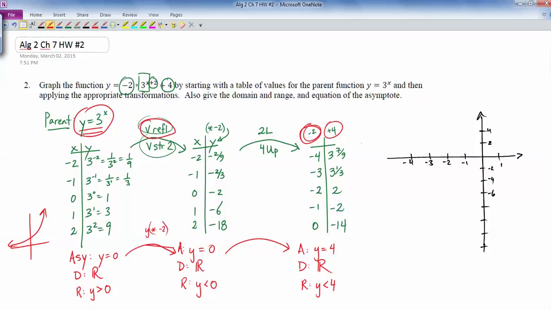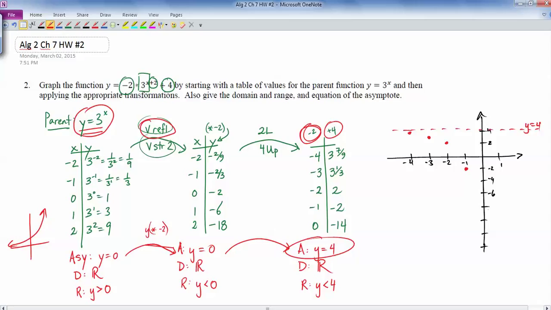Okay, so my first point is -4 and then almost 4. Oh, actually, let me do the asymptote first. Y equals 4. Right there. Okay. And then I have -4 and then almost as high as 4. So right there, roughly. And then -3 and a little more than 3. -2 goes with 2. -1 goes with -2.